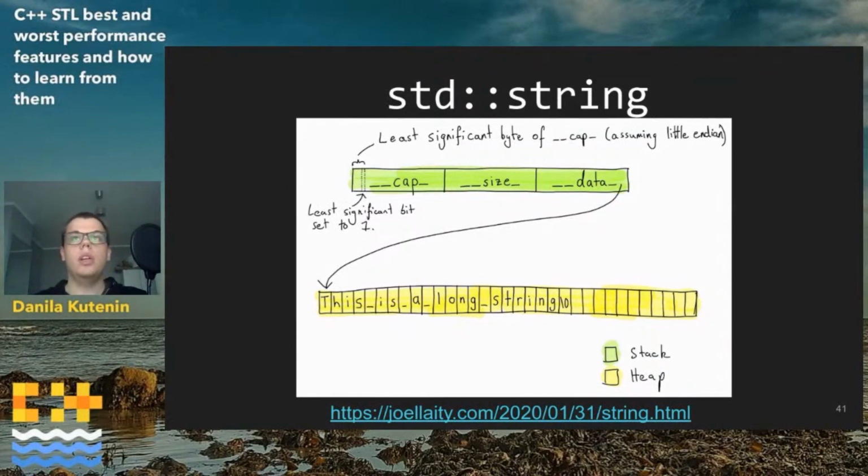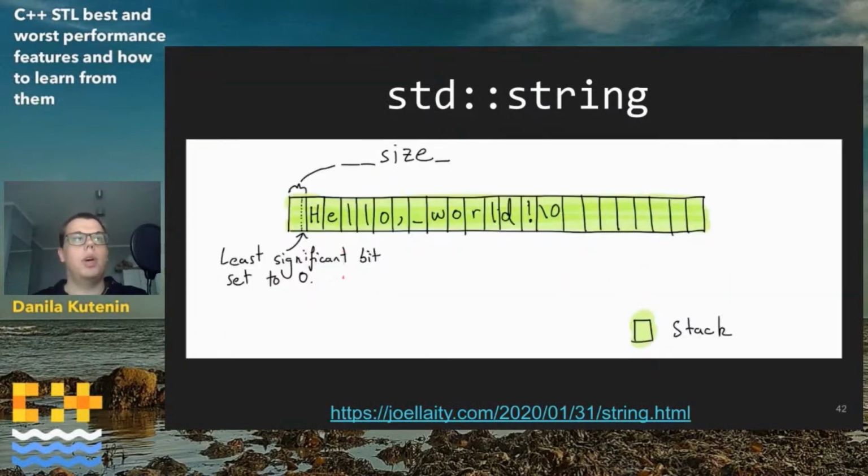If it's big, then we set it to 1, and the data points to the actual string. But if it's a small string, we set the least significant bit to 0. In this first byte, we store the size, and then we store basically the data with a \0 at the end.